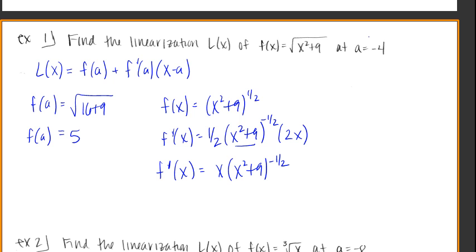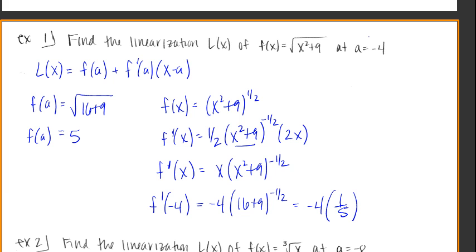What we also have to find is the derivative evaluated at a, so at negative 4. f prime of negative 4 equals negative 4 times 16 plus 9 to the negative 1/2 power. That's negative 4 times 25 to the negative 1/2, which is the square root of 1/25, so 1/5.